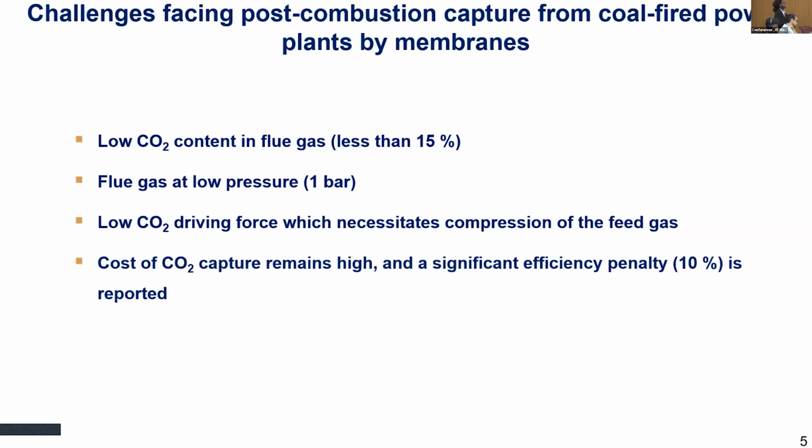Compression also increases the electricity cost and the operational cost. Therefore, you are increasing the cost of the overall power plant with CO2 capture, and you are penalizing the efficiency at the same time.